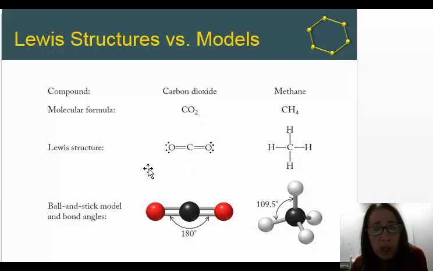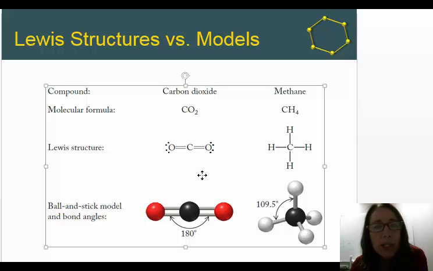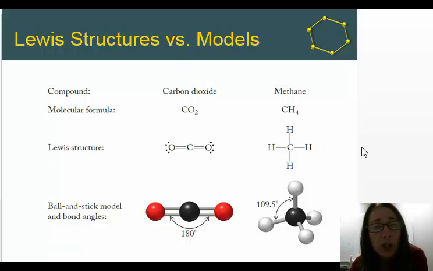The Lewis dot structure we can see below it, and there are two double bonds around that carbon central atom. And we see from this graphic that the Lewis dot structure accurately represents the actual molecular geometry of carbon dioxide. The Lewis dot structure is linear, and the molecule of carbon dioxide is linear as well.